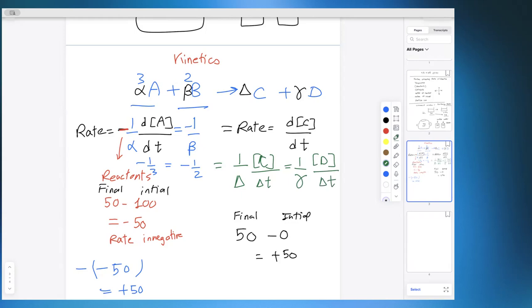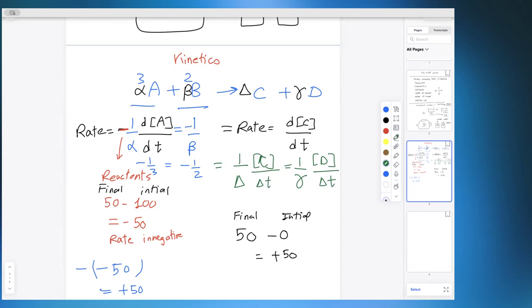So every time you are trying to find the rate of the reaction, just say 1 over the coefficient. What if it is 1, then 1 over 1. You have just to divide by the number of the moles, or the coefficient, of the reactants, or in case of the products, it will be the same, over the change in time.